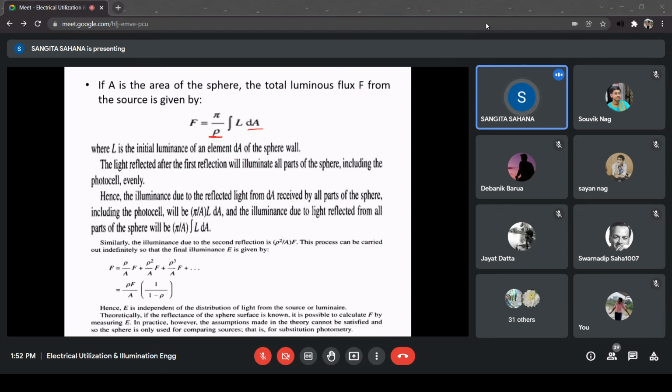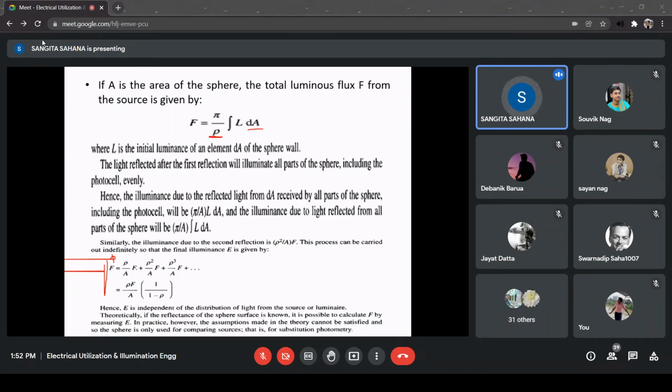Okay, forget this. You just come to this point. This is another way of expression. Like F is the luminous flux, which is phi. This is taken from a book, so here it is represented by F, but this is my luminous flux phi, which is rho by A into phi. So this phi is the initial luminous flux coming out from the lamp.